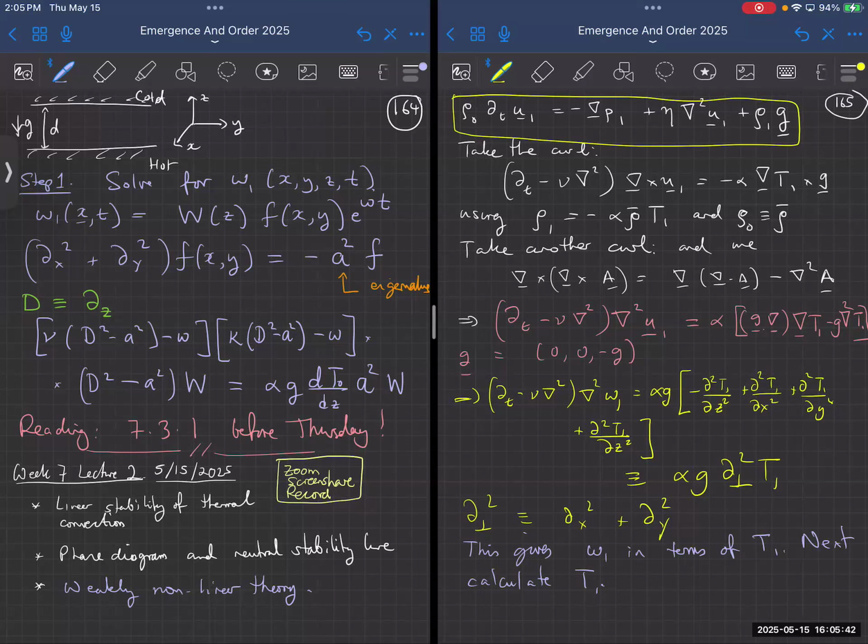So then what you end up with on the left-hand side is the diffusion operator, d by dt minus nu del squared, acting on curl u1, and then what happens when I take the curl acting on the right hand side. Now, the variable nu here is the shear viscosity divided by the mean density, so this is called the kinematic viscosity.